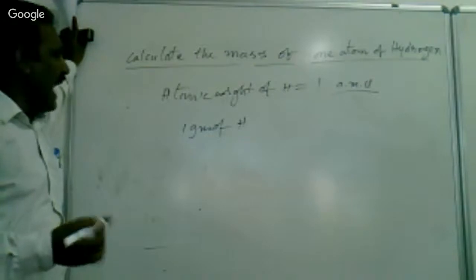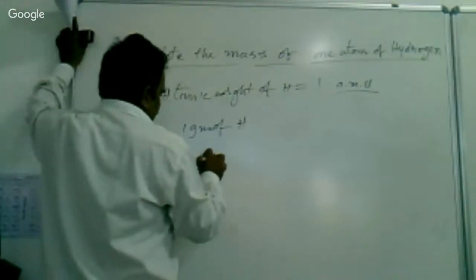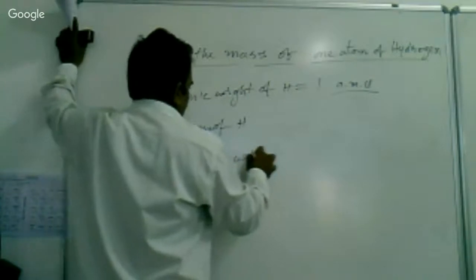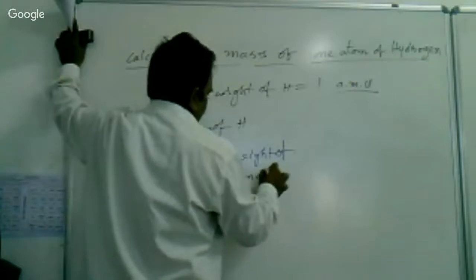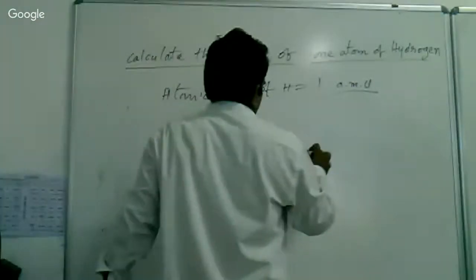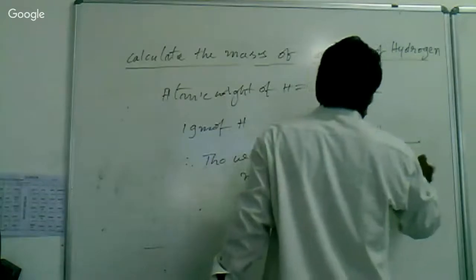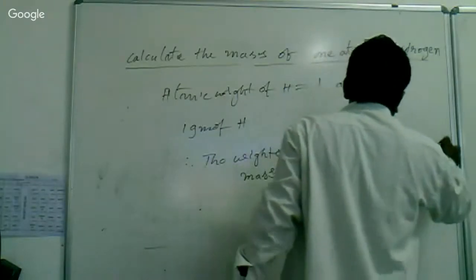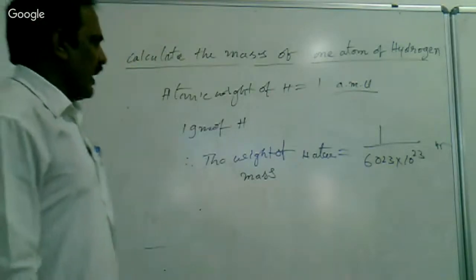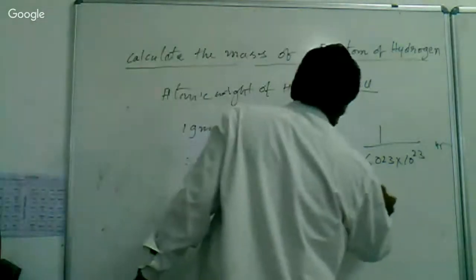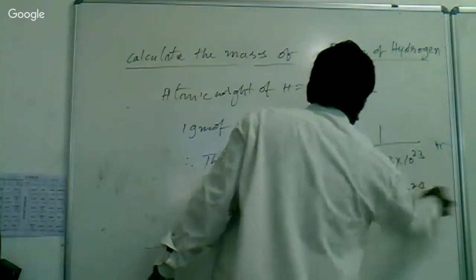Therefore, the weight of an H atom is equal to 1 by 6.023 into 10 power 23 gram. So that becomes somewhere around 1.66 into 10 power minus 24 grams.